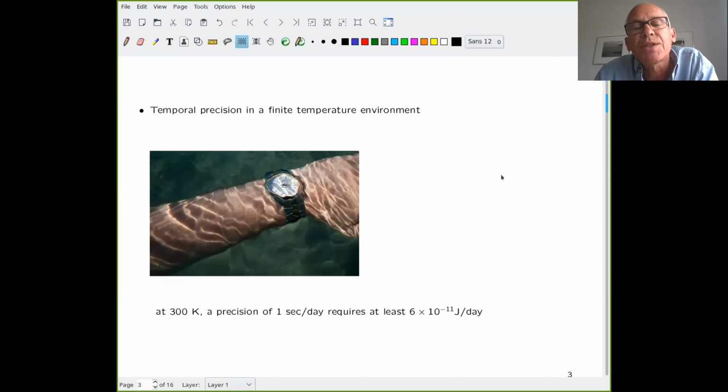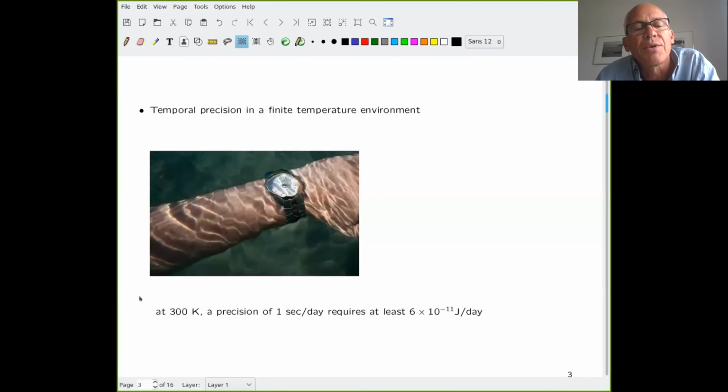My question was kind of naive and simple: is there a relation between the precision of such a watch and the cost of running it? All these watches have batteries, they are draining power. So the naive question that originally, 6 years ago, was whether there is a relation between the precision and the cost.